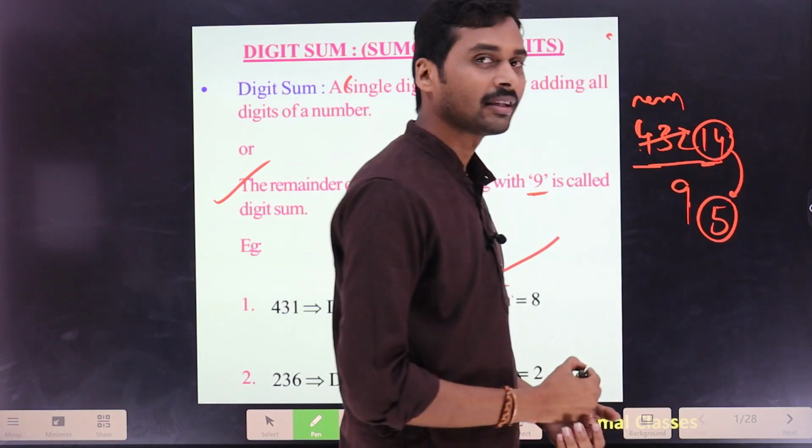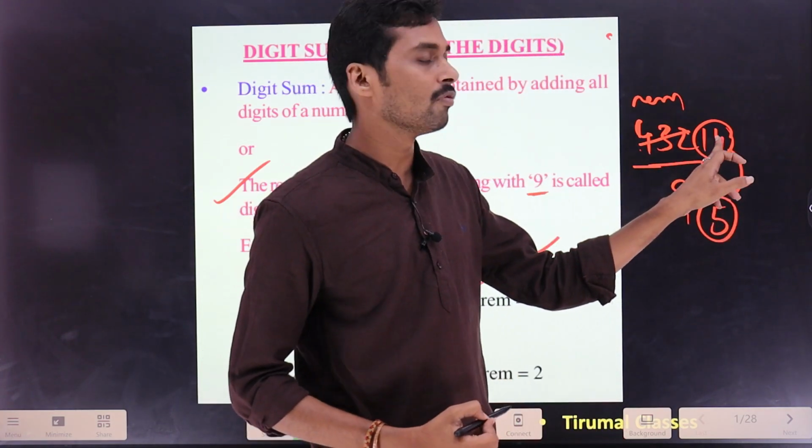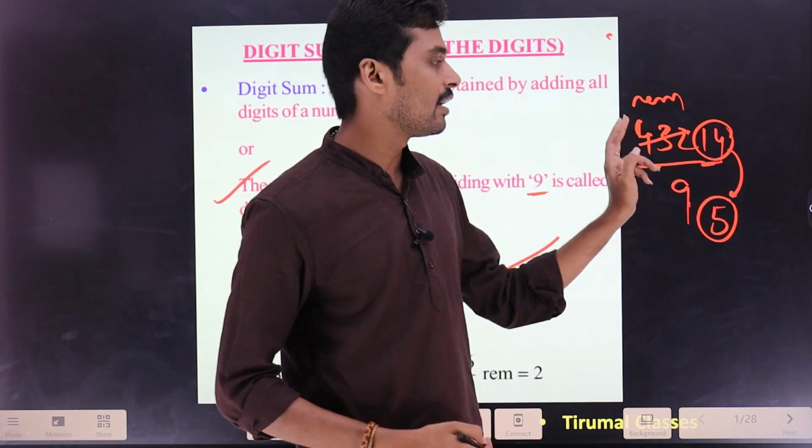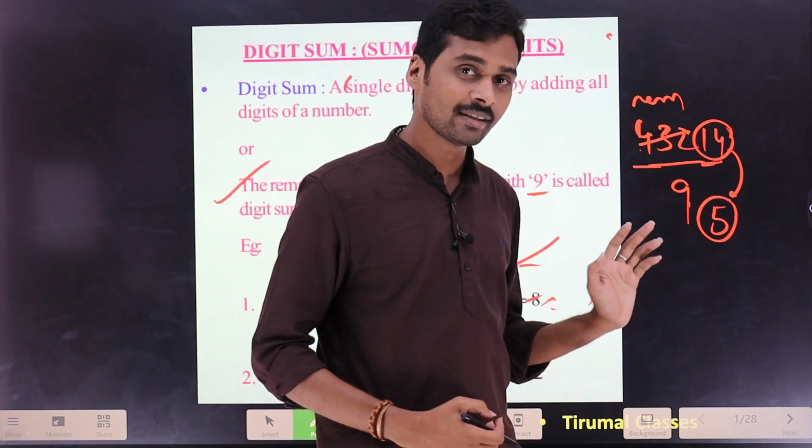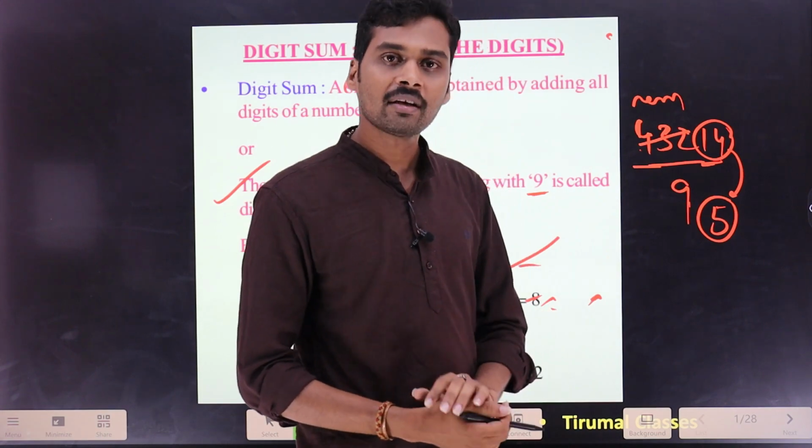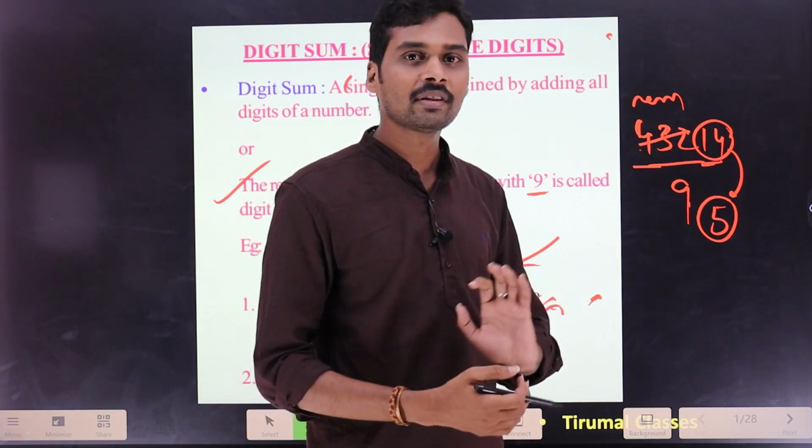So this is the remainder when I divide 432 14 by 9. The remainder obtained is 5.